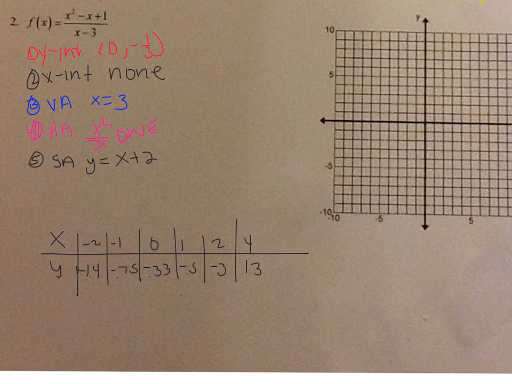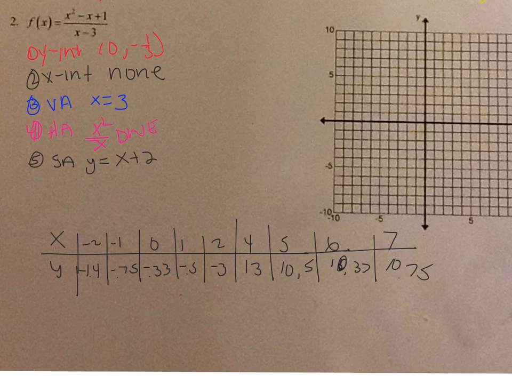We're going to keep going here. 5 is 10.5. 6 is 10.33. 7 is 10.75, and 8 is 11.4.